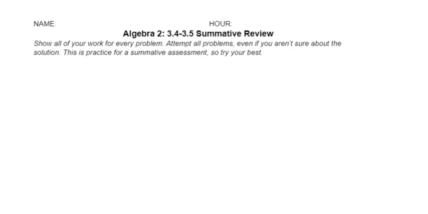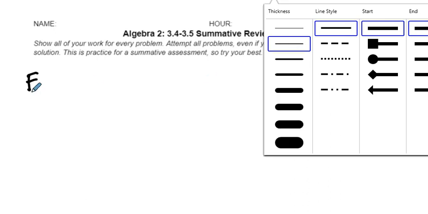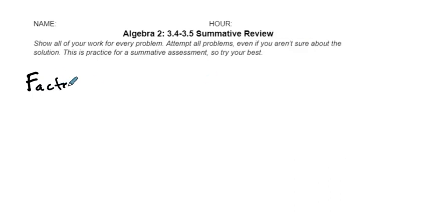So the skills that we are mainly talking about here that we have to have some traction on is we have to be good and understand, be pretty solid with factoring. And then we also need to understand that we will be using our square root property.